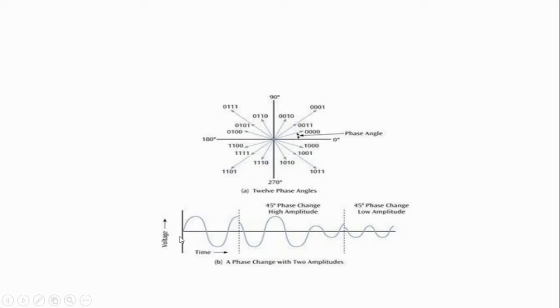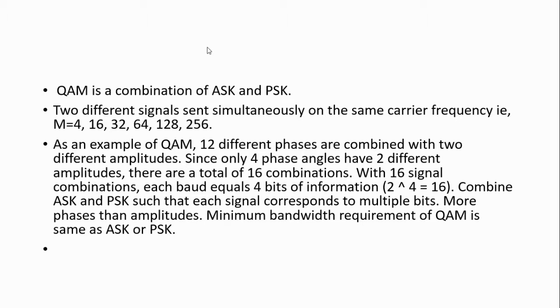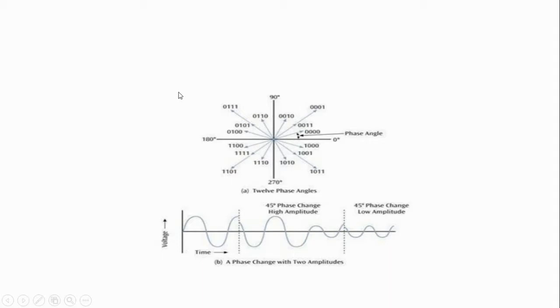Here the input signal is given, and two different amplitudes are given. This is one amplitude and this is the other amplitude, and totally 12 phase angles are given. The total possible message points are 2 to the power 4, that is 16 message points, and the phase changes with two amplitudes. Here the phase changes by 45 degrees at high amplitude, and this is the 45-degree change at low amplitude. Thank you.